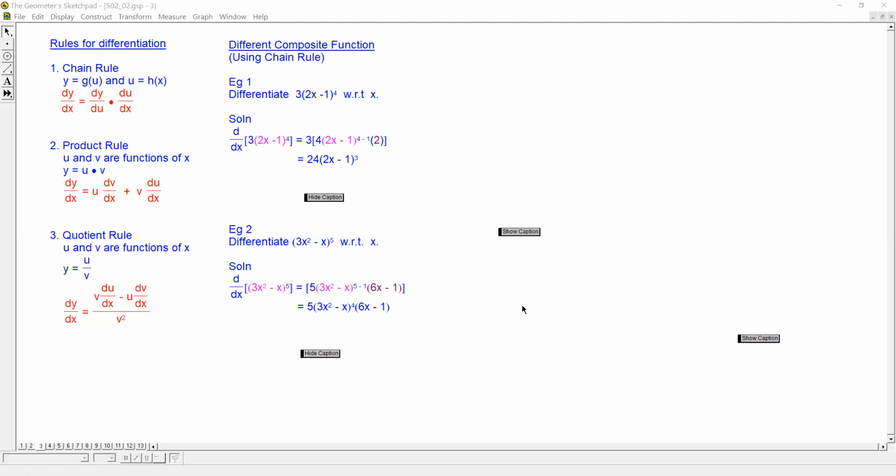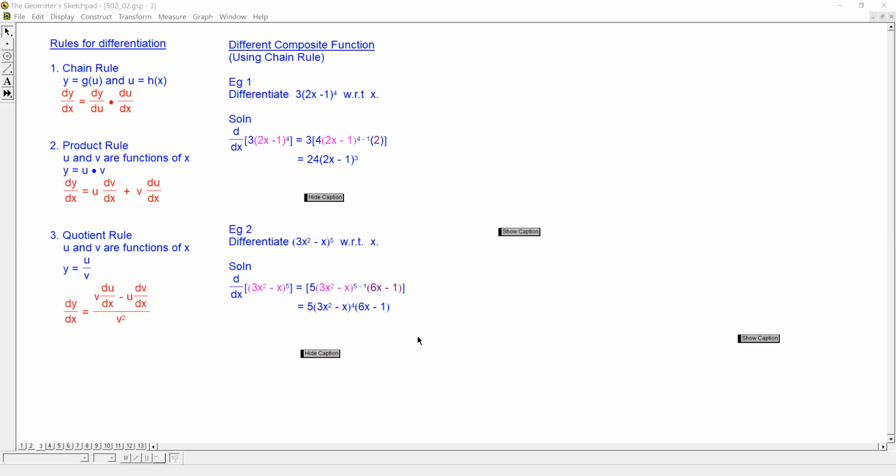Only one number, 5. So I put the 5 in front. Then after you have gathered all the numbers, the one with the higher index you put in front. This 4 you put in front. Then 6x minus 1, the index is only 1, so you put at the back.